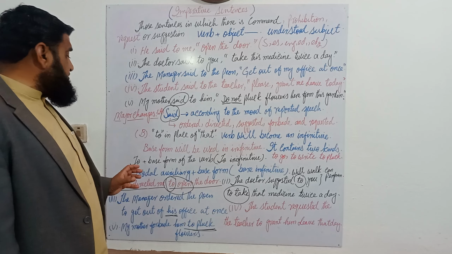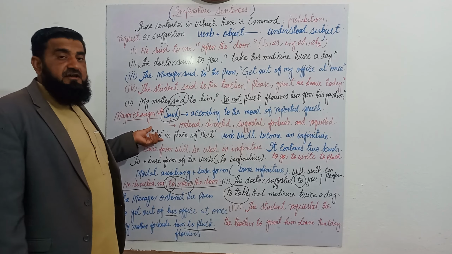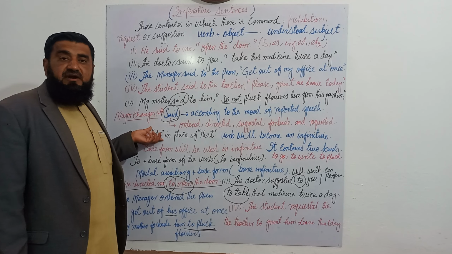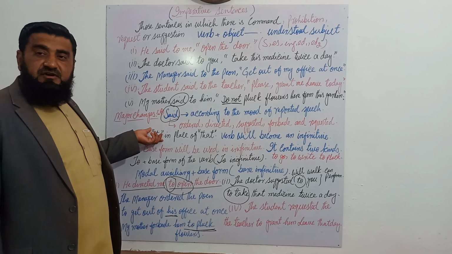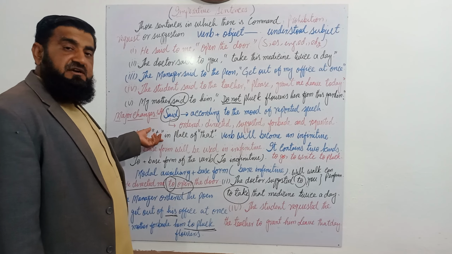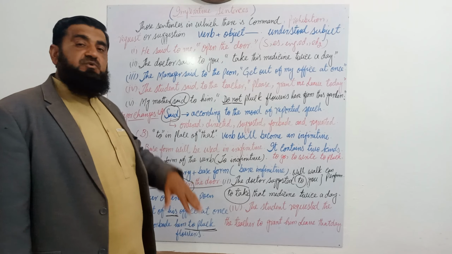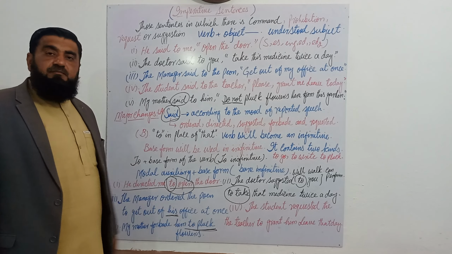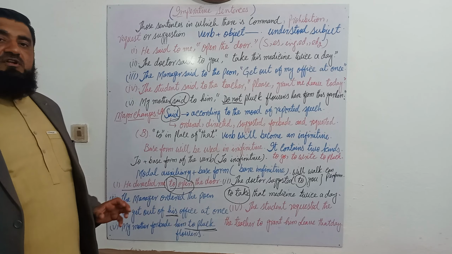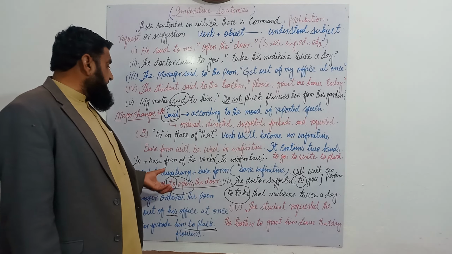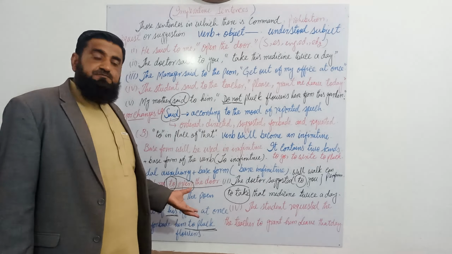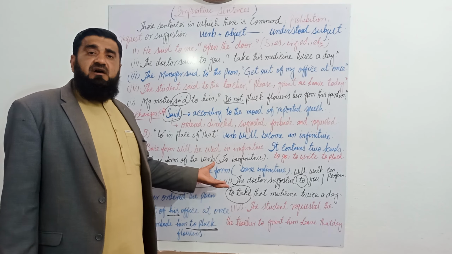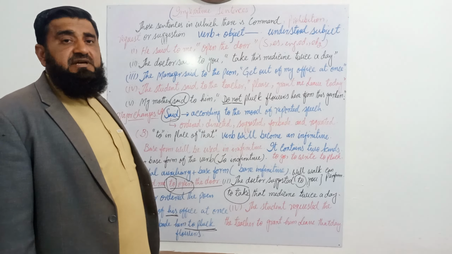And the next major change is to infinitive. If you know about infinitive, there will be no problem for you to change a sentence from direct into indirect narration. So to infinitive, that is very important. So keep in mind about infinitive and about other changes related to imperative sentences.